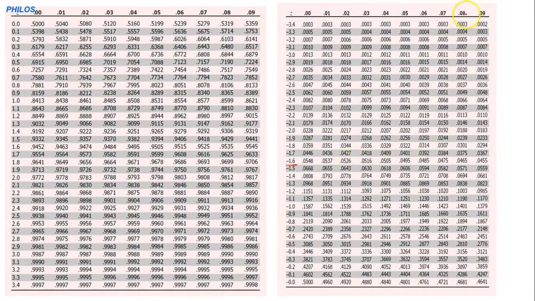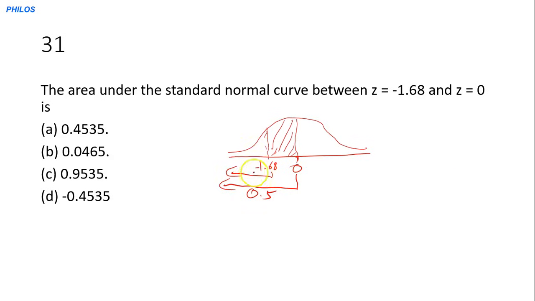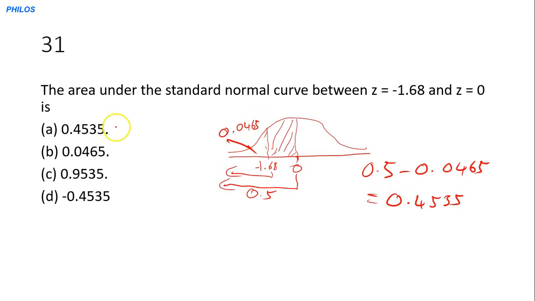So 1.68 will be 0.0465. So to get the area between them, we say 0.5 minus 0.0465. And this will give you 0.4535. So the correct answer for this is A. So let's proceed to the next question.